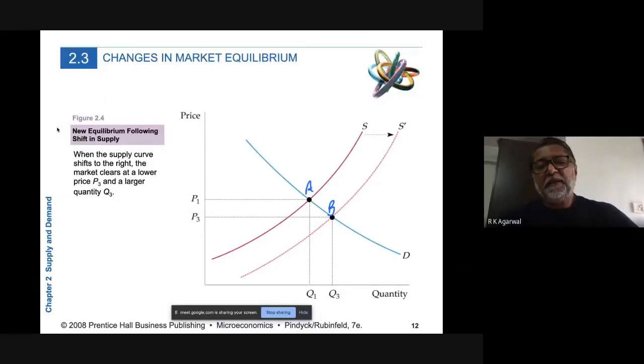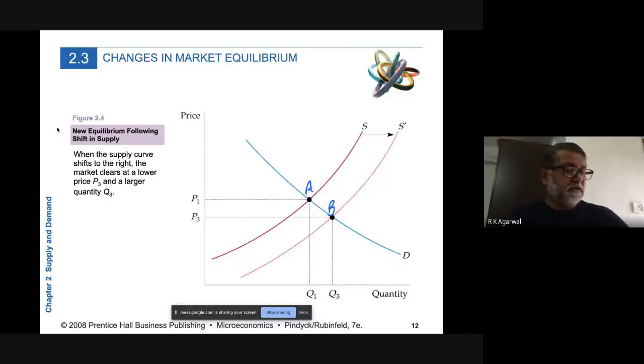At A, prices were higher, that is P1, and quantity was smaller, that is Q1. But as a result of the shift in the supply curve to its right, without any change in the demand curve, prices have fallen from P1 to P3, and the quantity has changed from Q1 to Q3.